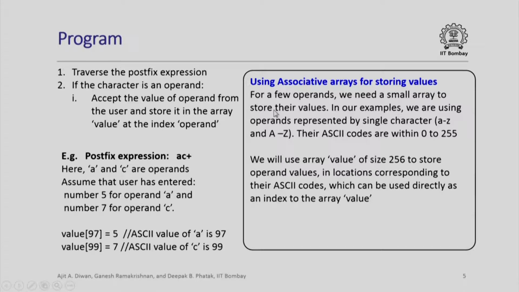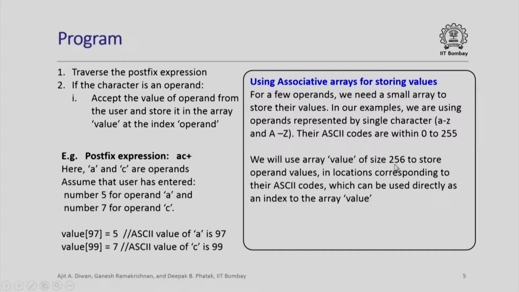Ordinarily, for few operands, we need only a small array to store the values of these operands. Now, in our examples, we are using operands represented by a single character, small a to z or capital A to Z. Note that their ASCII codes are contained within 0 to 255, which is the total span of all ASCII codes. Now, imagine that we use a value array which is of size 256.